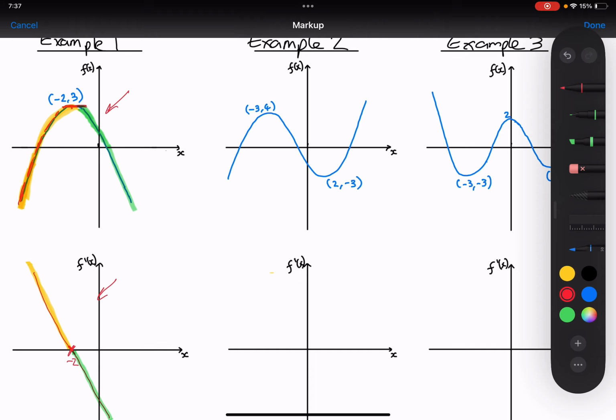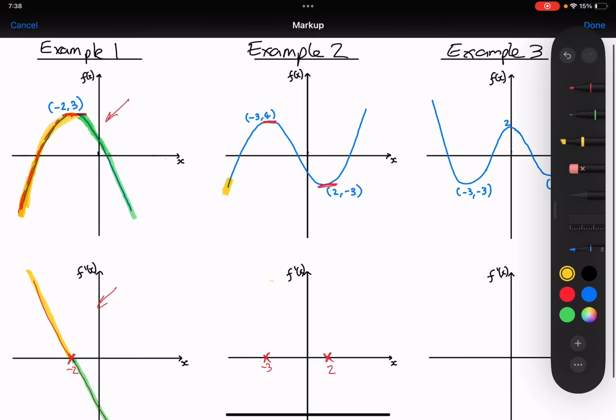Second example, we've got a turning point when x is minus 3, so straight away minus 3 on my x-axis here, my gradient function will cross through the x-axis there because the gradient is 0 at a stationary point. We've got another stationary point here when x is 2. So again, I'm going to put an intercept on my x-axis there because the gradient will also be 0 at that point.